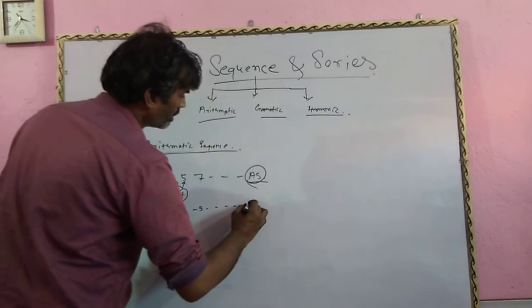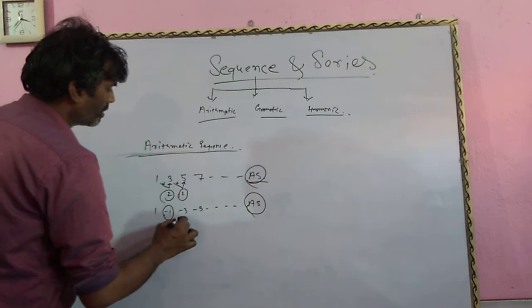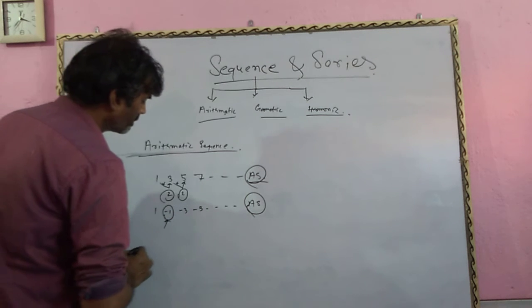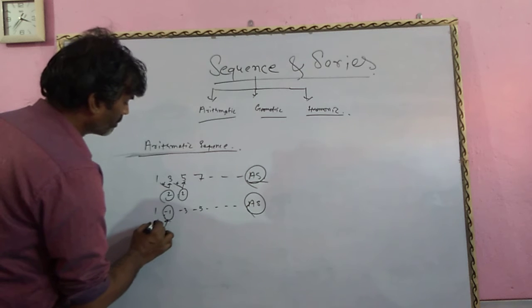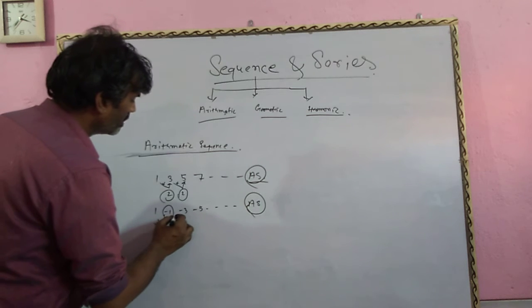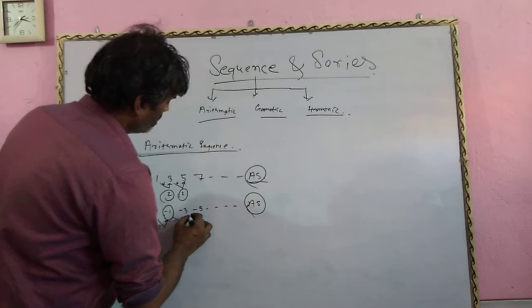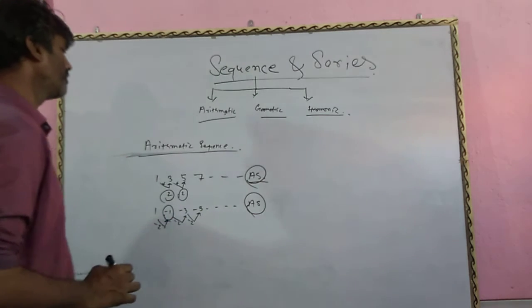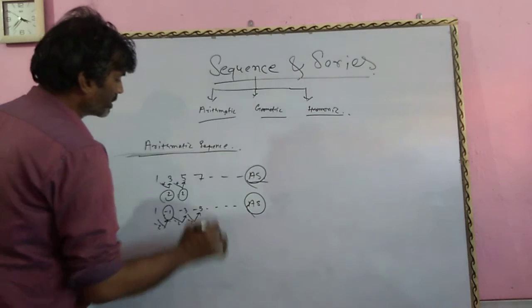This will also be an arithmetic sequence, because every next term has been determined by subtracting 2 from the previous term. And the earlier one has been found by adding 2 to the previous term.